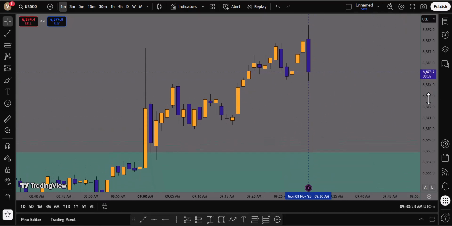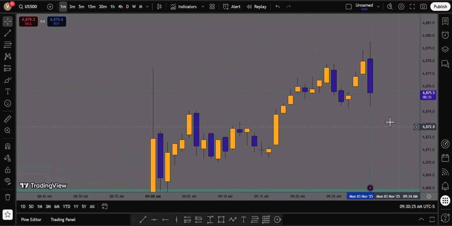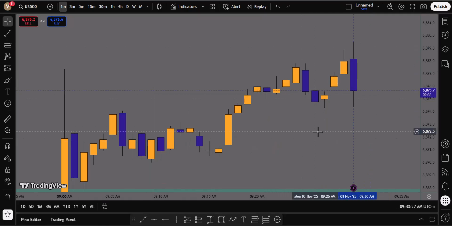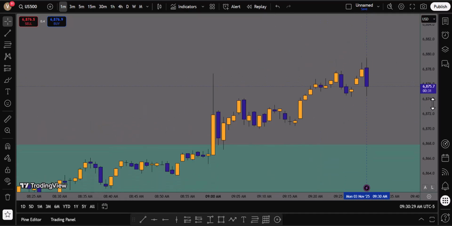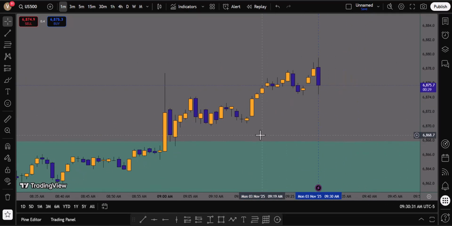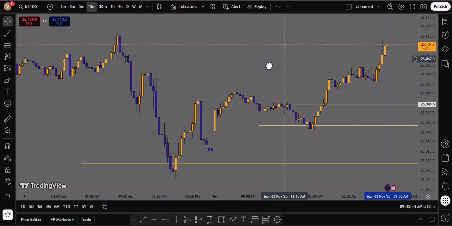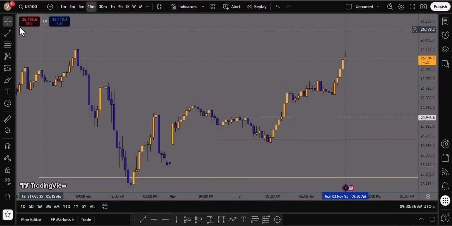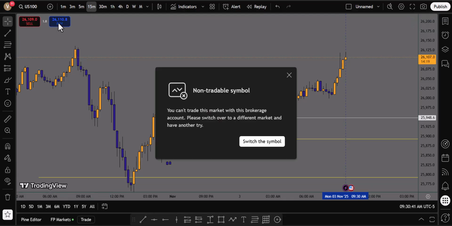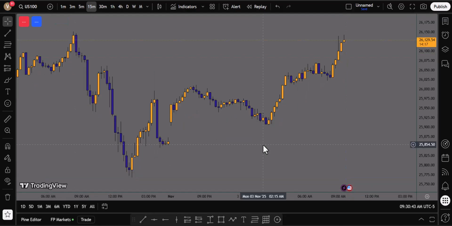I like the way price is going down because I wanted price to go down, and then once it declines, I might look out for a buy. But let me see what US100 is doing. So I'm going to be looking at US100 from the lens of my broker. Yeah, so I'm switching to my broker.